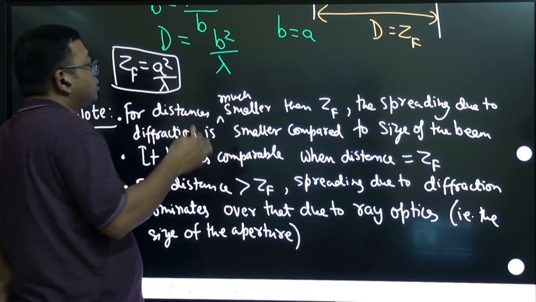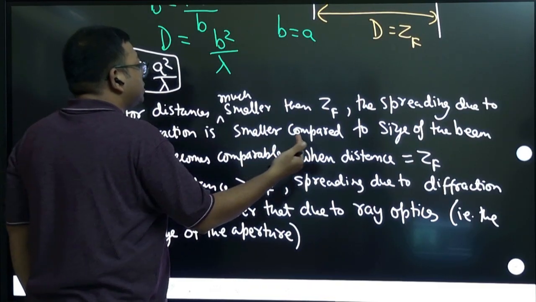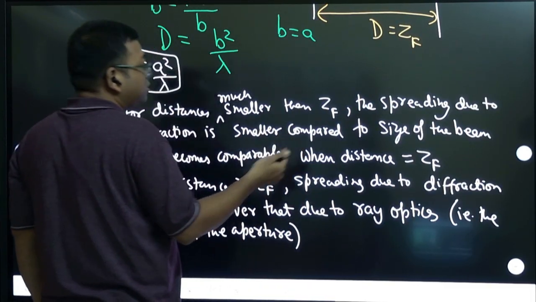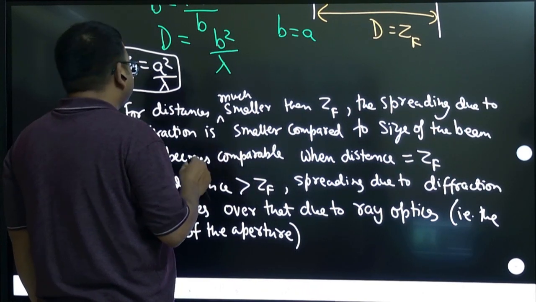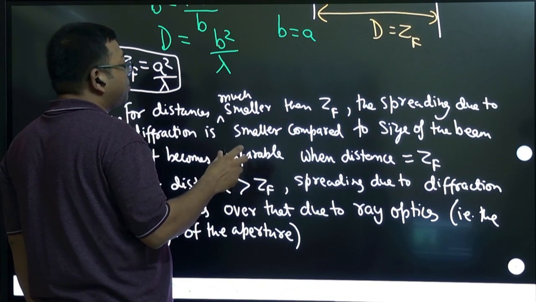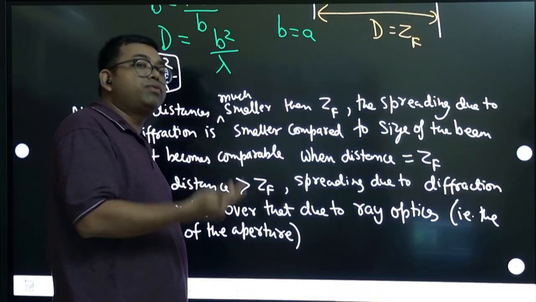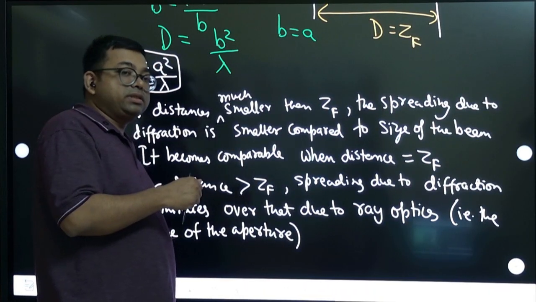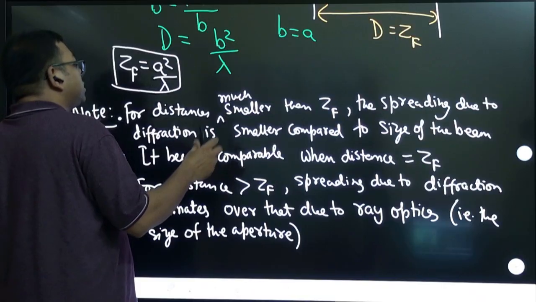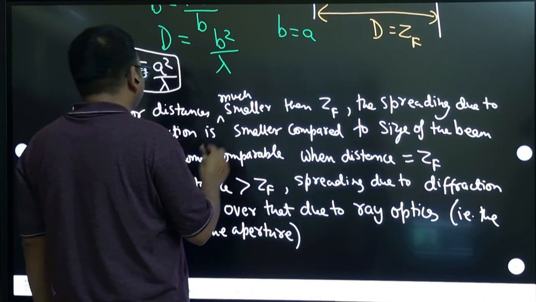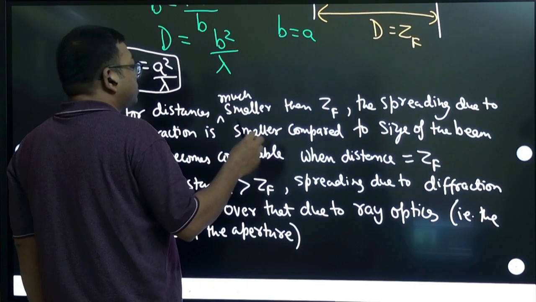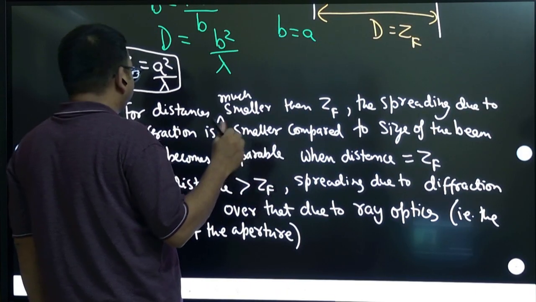For distances smaller than ZF, the spreading due to diffraction is smaller compared to the size of the beam, so diffraction will not be visible. That's the idea.